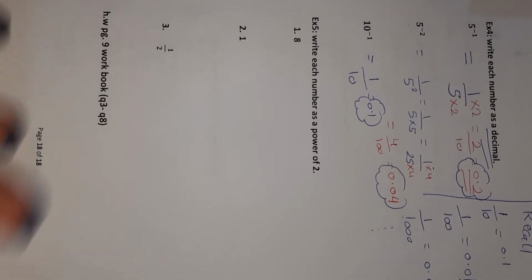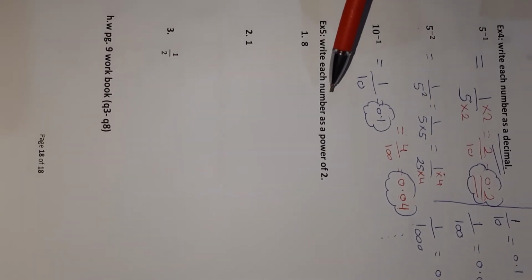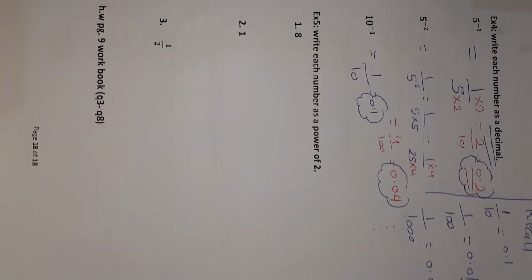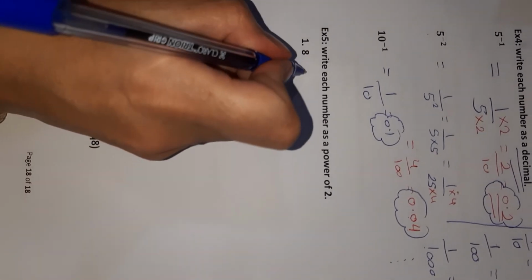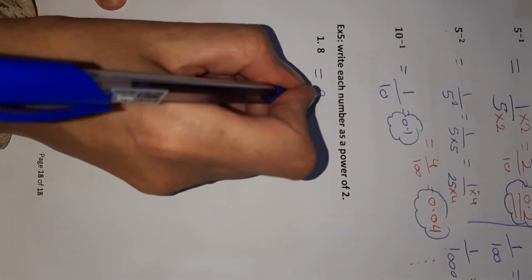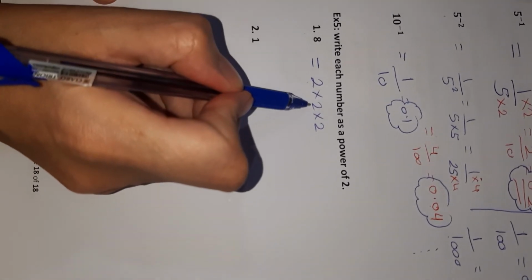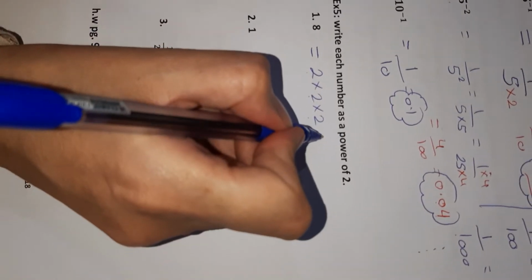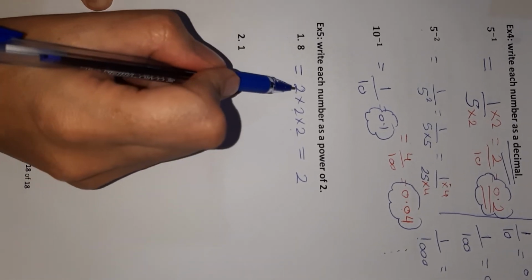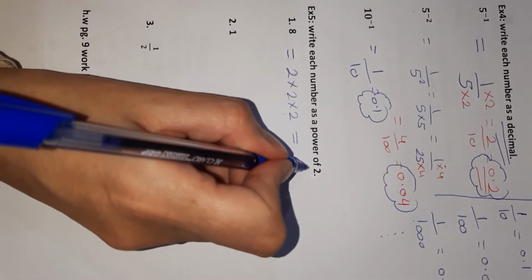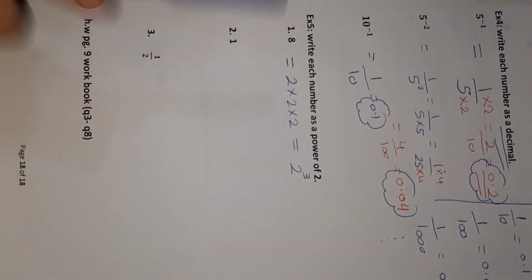Now, the fifth exercise: write each number as a power of 2. Try to rewrite each number as a power of 2. How? Look, 8: if you multiply 2 times 2 times 2, 3 times, we'll get 8. 2 times 2 is 4, times 2 is 8. The base is 2. How many 2's here? 1, 2, 3. So 2 to the power 3, which means I multiplied 2 three times.